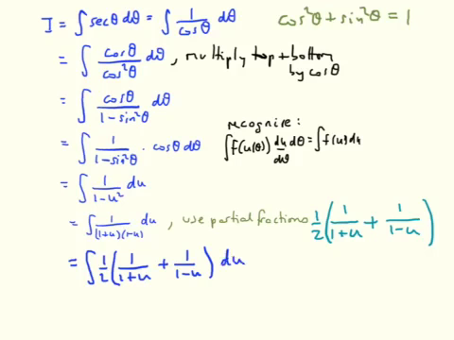And these are integrals that you could do by a change of variable, but they're essentially straightforward and we can guess the answer, and I think we should always guess the answer if we can. So what we have here is a half, and then it is the logarithm of the modulus of 1 plus u, and then it is going to be a half the logarithm of the modulus of 1 minus u.